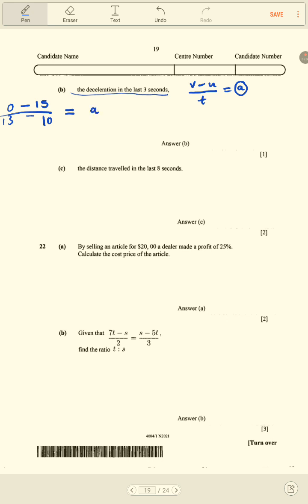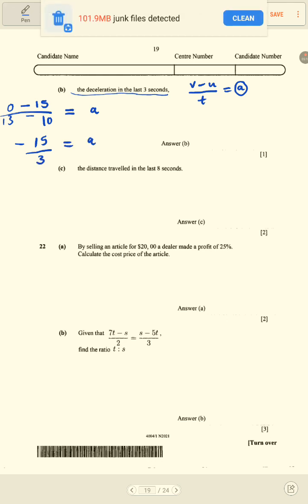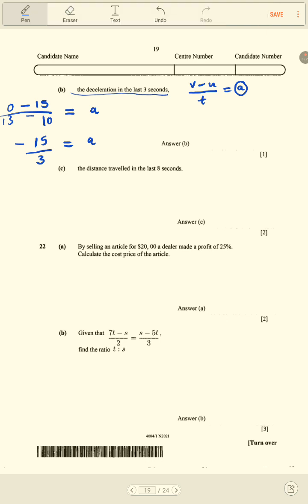So here you're going to get minus 15 over 3, which gives us a. And we are saying 3 into minus 15, you get minus 5 meters per second squared, being equal to a.